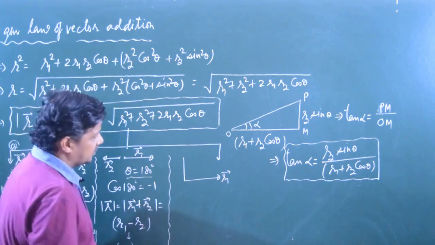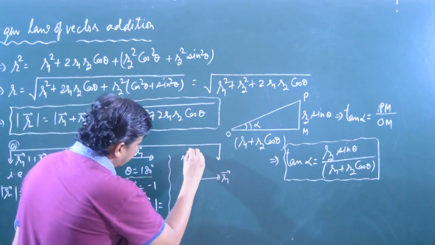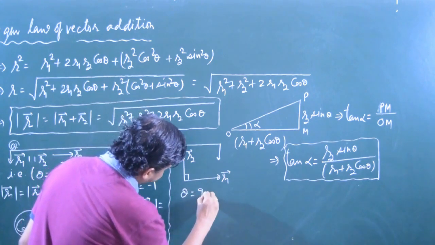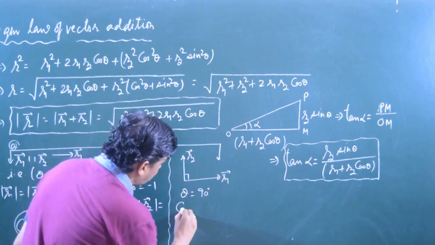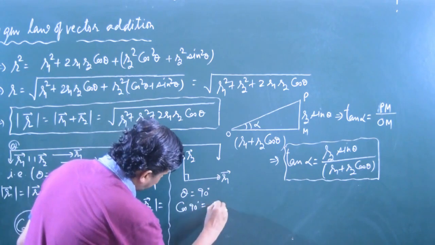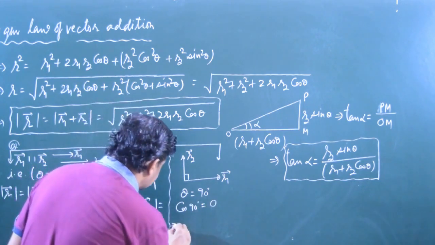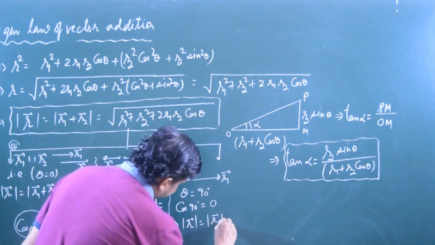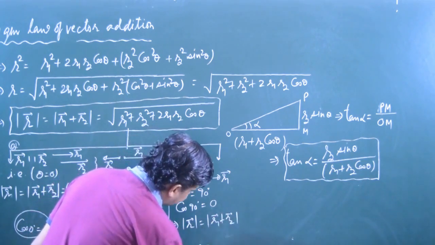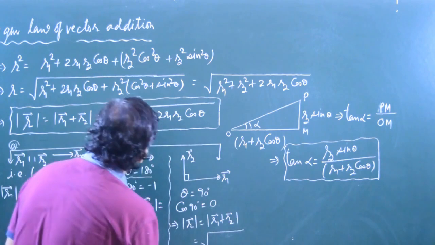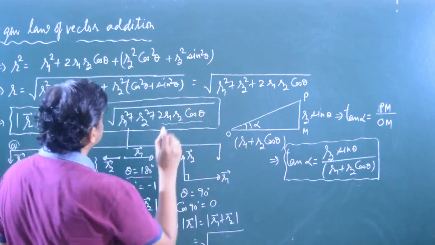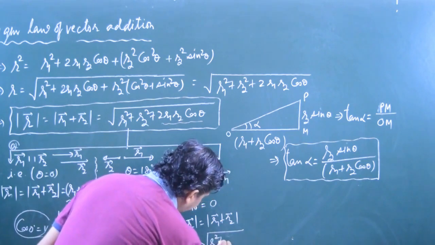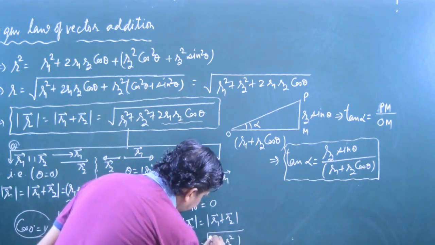Okay, now what if the vectors are perpendicular to each other? Okay, now see, here vectors are perpendicular to each other. That means theta we have 90 degree, and cos 90 is always 0. In that case, the magnitude of the resultant of two vectors, under root, this factor becomes 0, then it is simply R1 square plus R2 square.